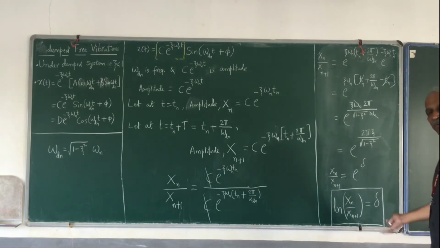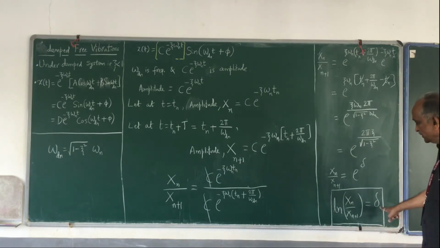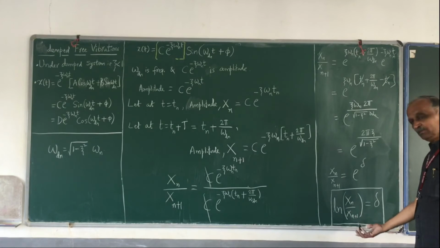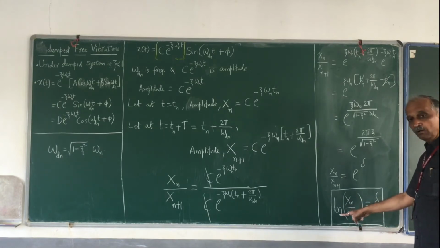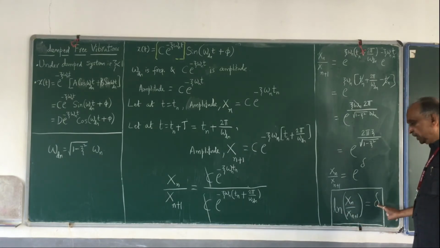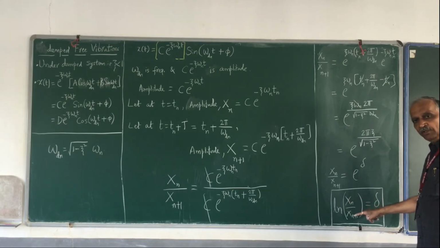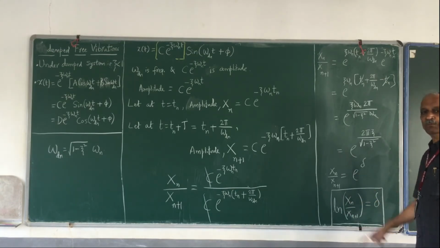Okay, so can you define logarithmic decrement? Logarithmic decrement delta. Can you define it? Okay, so if you start with, what is that? It is a natural log of... Logarithmic decrement delta is the natural log of the ratio of the two consecutive amplitudes.